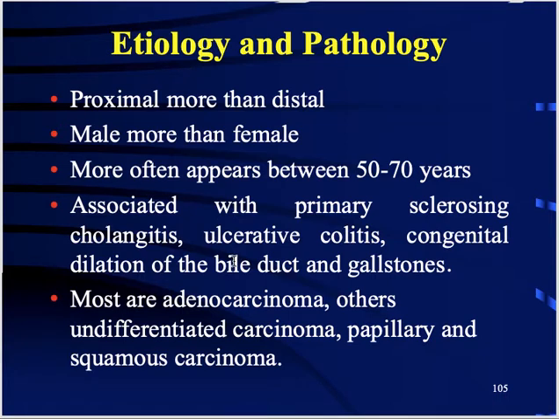There are many other risk factors they found, like liver flukes, dietary nitrosamines, and exposure to some agents, things like this. And remember, this primary sclerosing cholangitis is an autoimmune type of condition, right? Which can cause this cancer, cholangiocarcinoma.